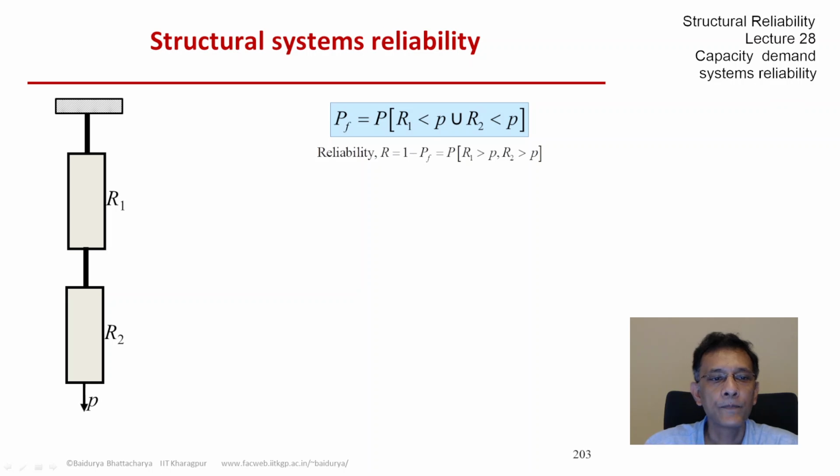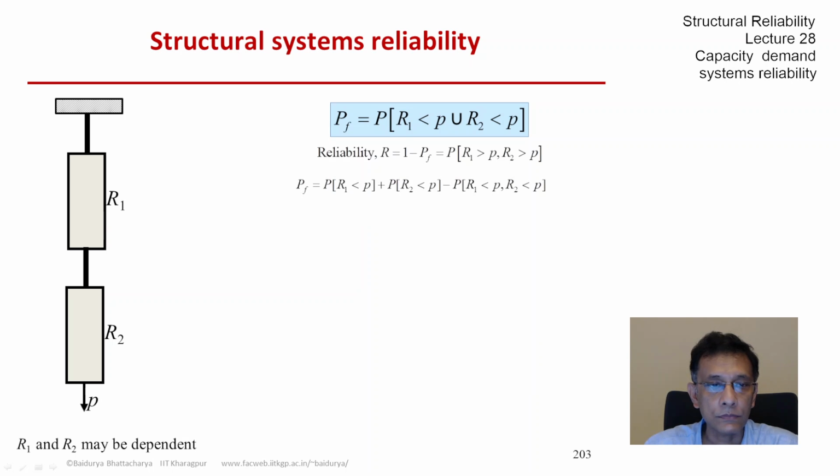So this is where we start. PF is P of R1 less than P or R2 less than P, and R1, R2 may be dependent. So let us express the union probability that we have at the top as the sum of the individual probabilities minus the probability of the intersection.